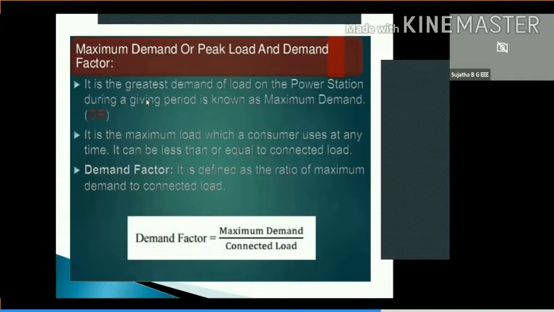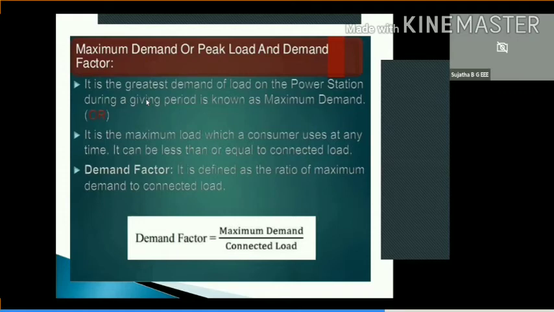Maybe during morning time, we residential consumers will connect some loads, whereas most of the industrial consumers will switch on during daytime, noon time. Again in the evening time, we residential consumers will switch on some loads. Like this, the load on the power station varies. The demand by the industrial consumers will be very high when compared to residential consumers. So the load on the station varies.